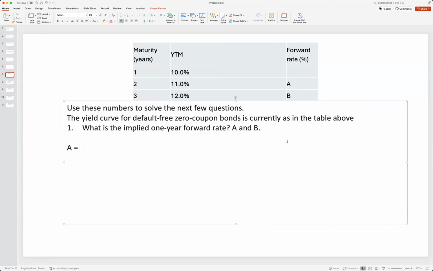So A equals 1 plus the long rate 11%, raised to the power of 2 because it's 2 years, divided by 1 plus the short rate 10%, raised to the power of 1, minus 1. I enter it into the calculator and I get 12%.